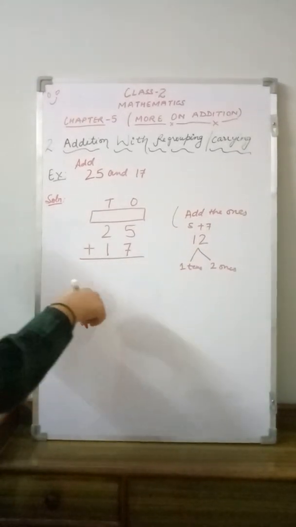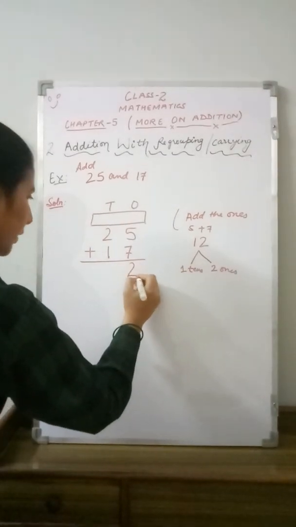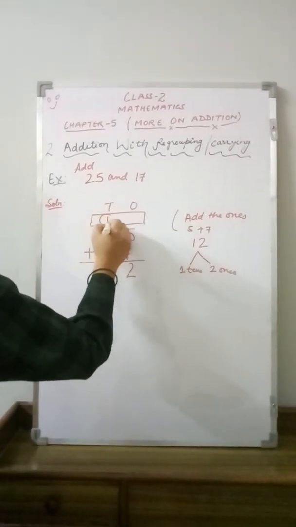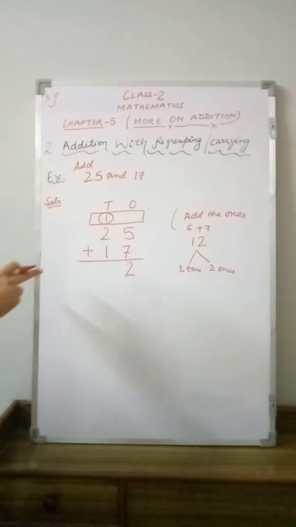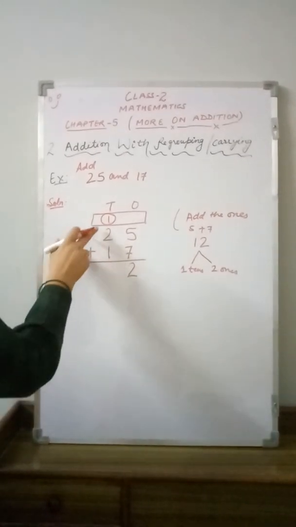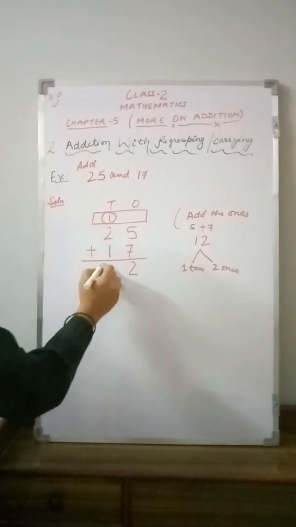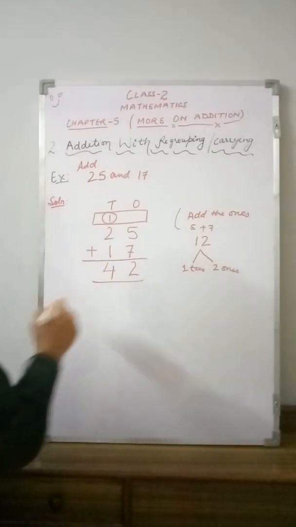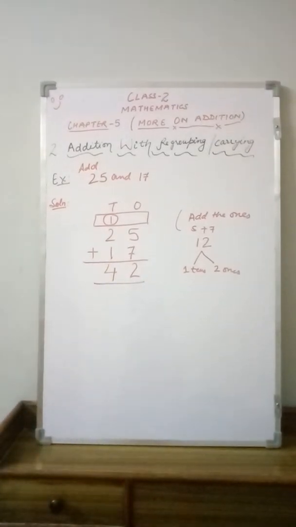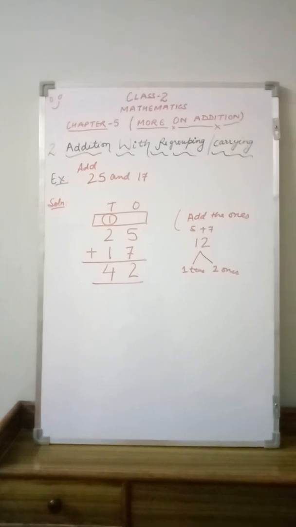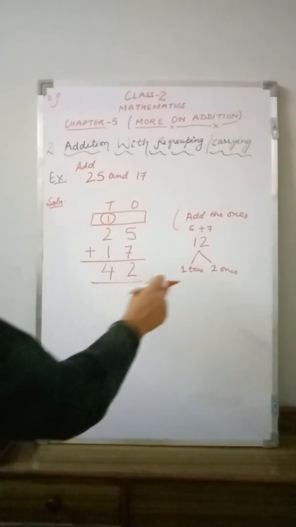So student, we write the 2 there, and this 1 is carried to the next place. So now start adding the tens place digits. 2 plus 1 is 3, plus 1 is 4. So this is the answer, and this is the way how to regroup with the next place. Student, what is the method?